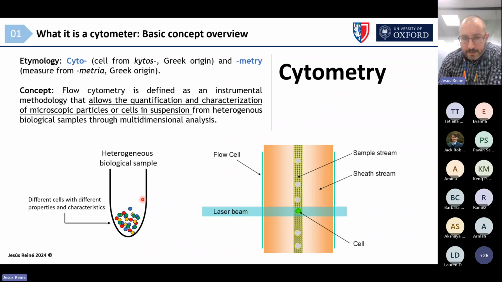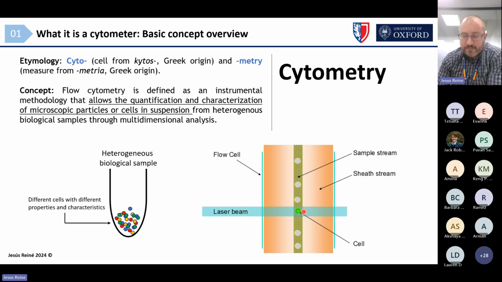Basically, when the cells are acquired by this kind of instrument, all the cells are aligned into a single column. When the cells arrive at a very specific position, which is called the interrogation point, the cells are exposed to a laser.